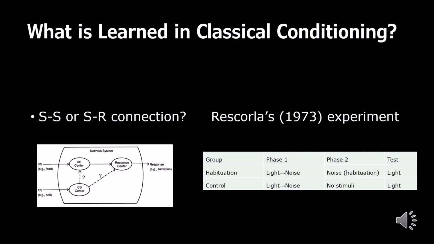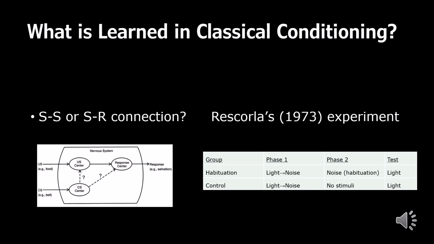What we see here is the S-S versus the S-R. This was in 1973, Rescorla's experiment. So the S-S would be the CS and the US link, the conditioned stimulus and the unconditioned stimulus. And then we see the change in the unconditioned stimulus value after learning, the unconditioned stimulus devaluation, and then the conditioned response drops.